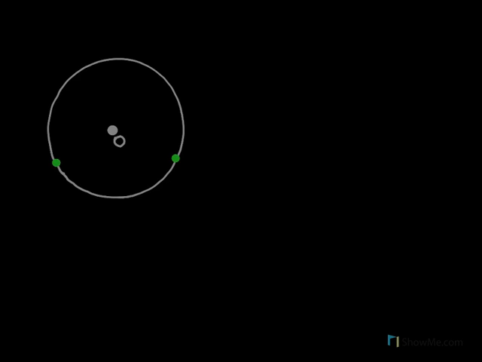Now again, if I take P and Q, this will be the major arc, the arc more than the semicircle. And to draw the angle subtended at the center, I join.